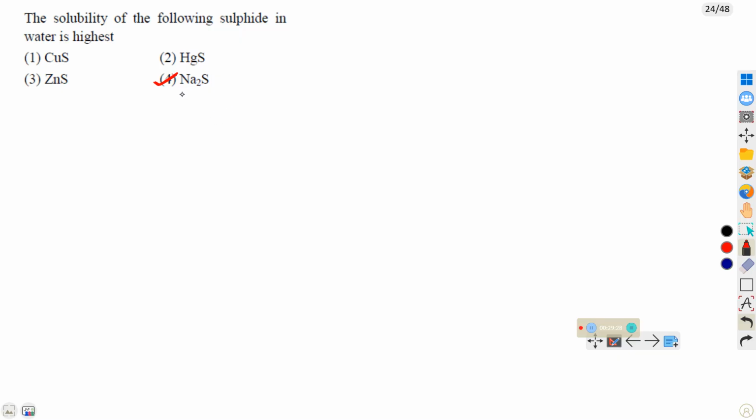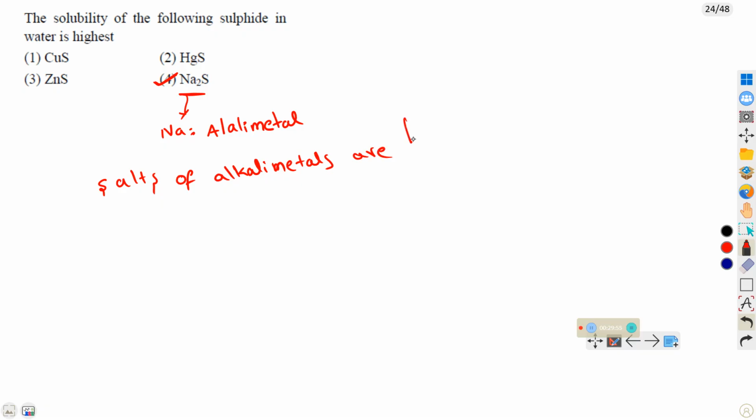Because sodium is an alkali metal sulfide, that is, salts of alkali metals are highly soluble in water.